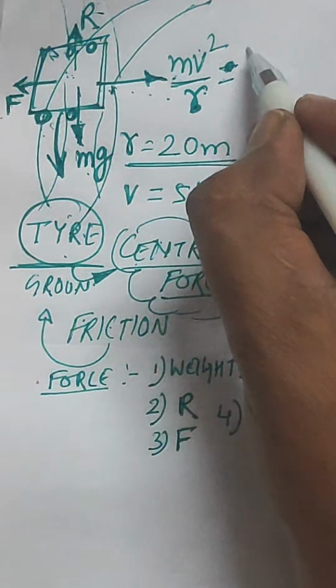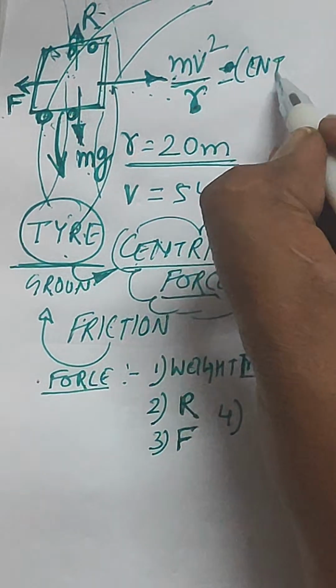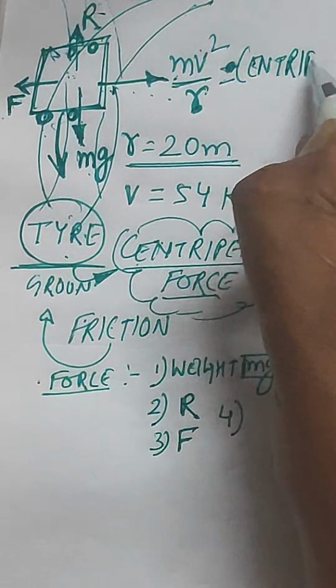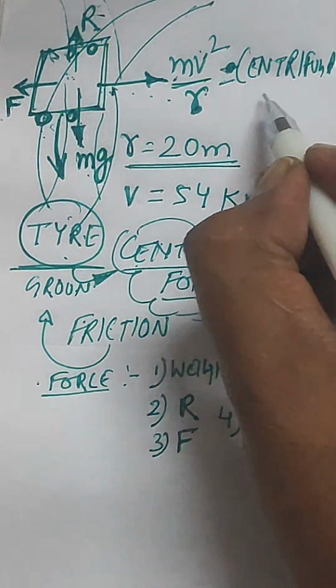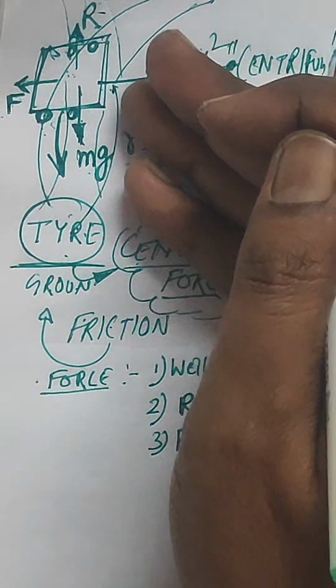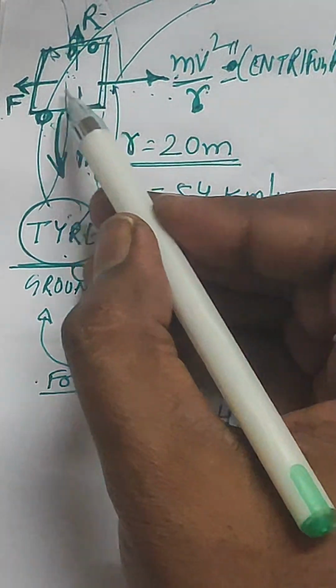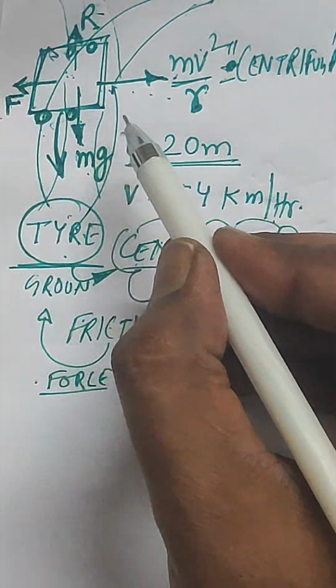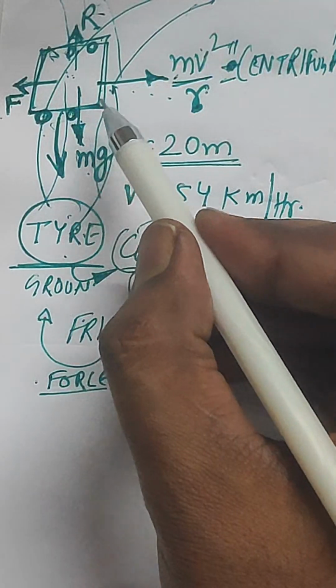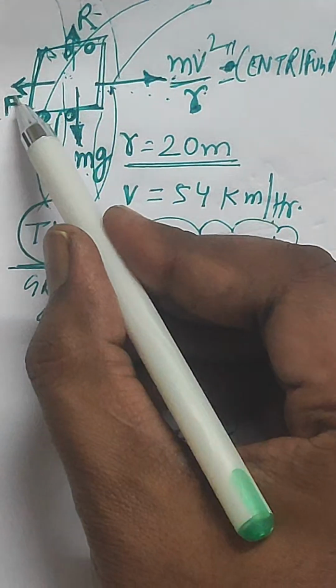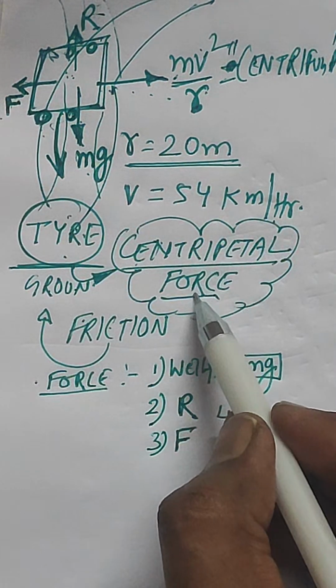This is centrifugal force which is exhibited outside the track. And inside the track, the car is kept steady on the track due to this force F, that is the centripetal one.